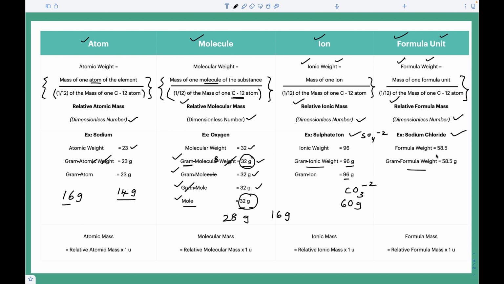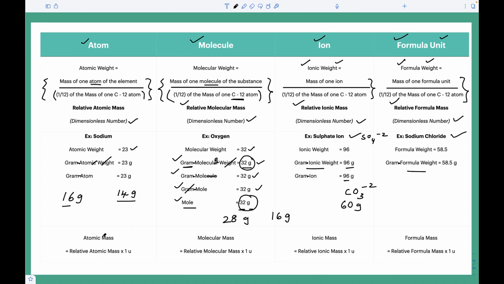So now you understand all these terms, and they are not as difficult, right? If you understand the idea behind this vocabulary. And as we discussed in the other video, atomic mass is the mass of one atom. And to get atomic mass, you have to multiply its relative atomic mass or atomic weight with 1U.